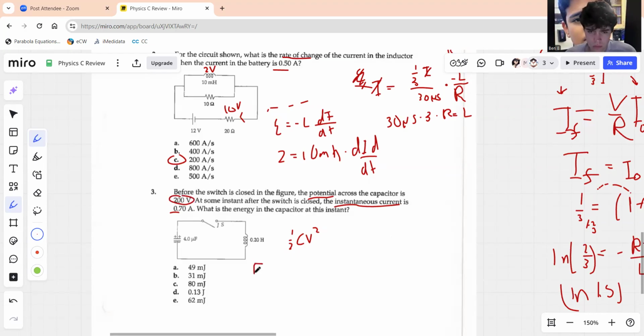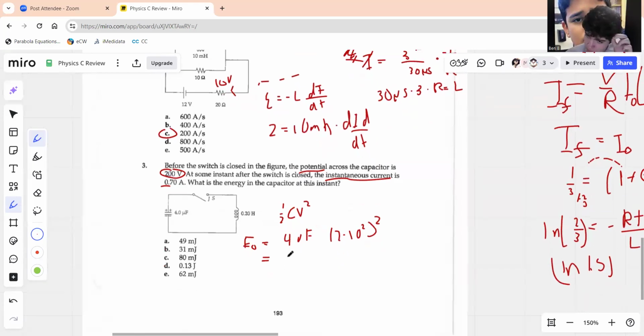So E naught is equal to 4 times 4 times 10 to the negative second. So that's going to be our initial energy, 0.16 joules.